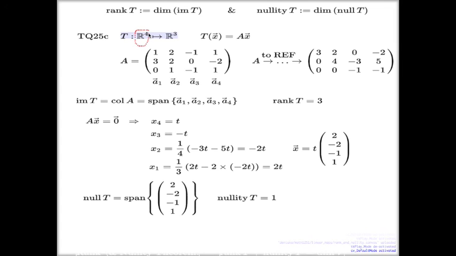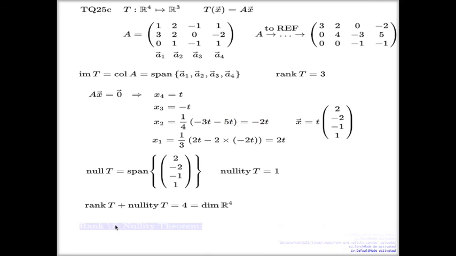Or in fact, it is not a coincidence actually, it's a deep result which bears a name. So if you add these two values, rank of T and nullity of T, it will be 4, which is exactly the dimension of the domain of my linear map. And this is something which holds all the time. This is the rank and nullity theorem.